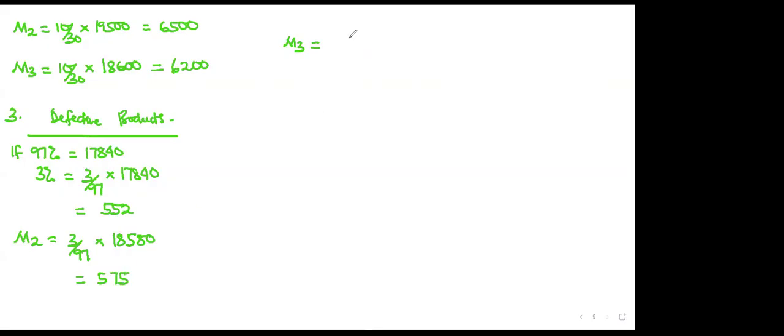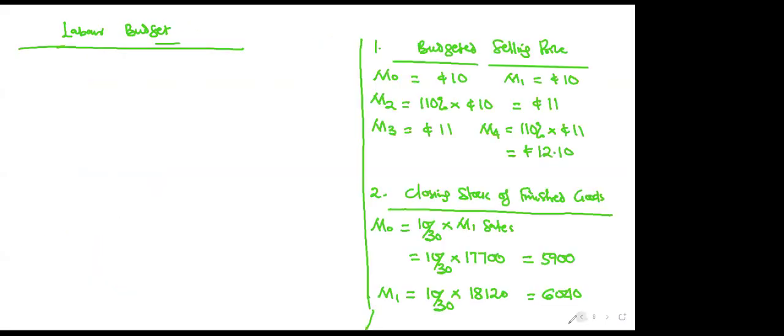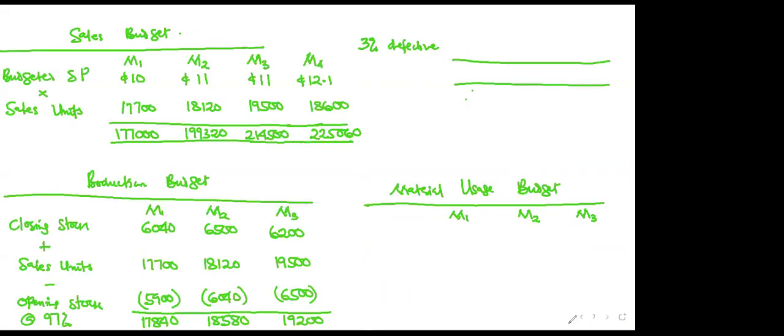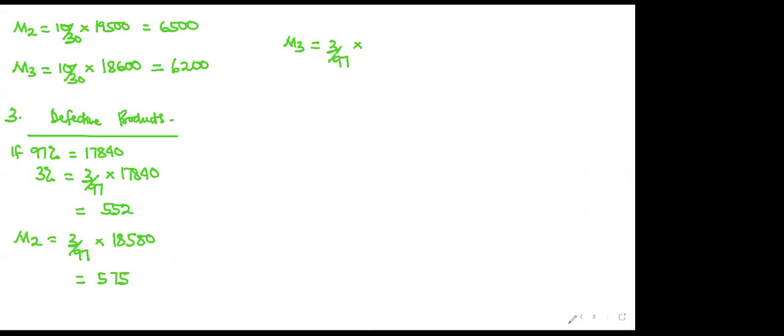Then month 3 will also be 3/97 times the month 3 figure. What's the month 3 figure? 19,191, right? Yes, sir. Putting it in gives us 593.81, so 594.